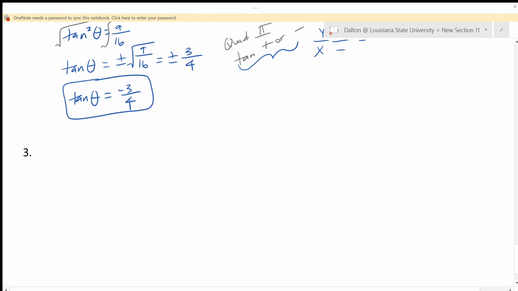Okay, last example. Number 3. Given that the cosine of theta is equal to 1/8, and we got 3 pi over 2 is less than theta is less than 2 pi, I want you to find the tangent of theta. So your goal is to try to find a trig value that relates cosine to tangent.